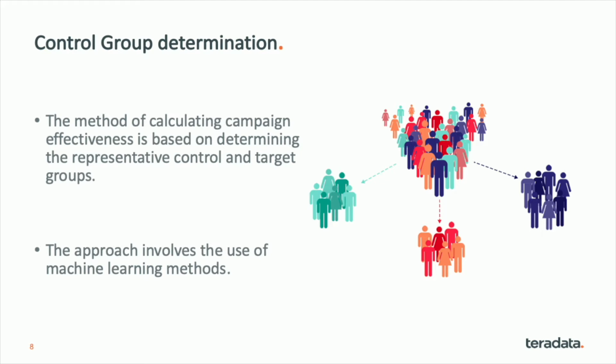When it's time to evaluate the effectiveness of a campaign, we should compare responses between the target and control groups. And a very important feature is that the target and control groups must be representative. To ensure it, we use an approach involving a clustering algorithm.